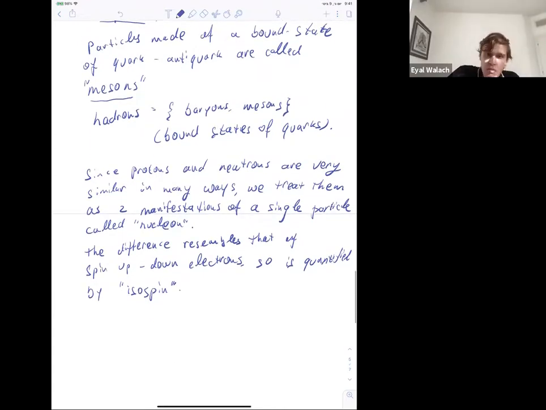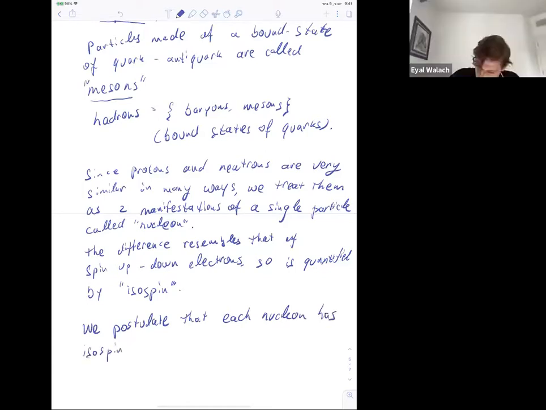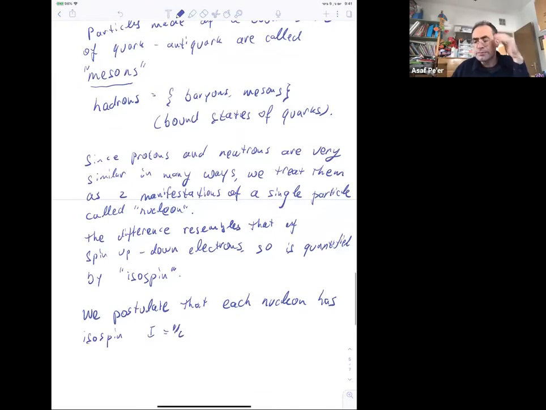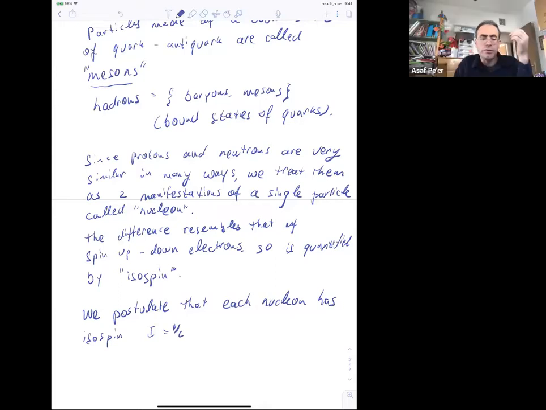So within this framework, we postulate that each nucleon has isospin I equal to 1/2, and then we simply repeat the same calculation that you do for the electron spin. If you did it in quantum mechanics, if you did not, then you will whenever you study quantum mechanics.